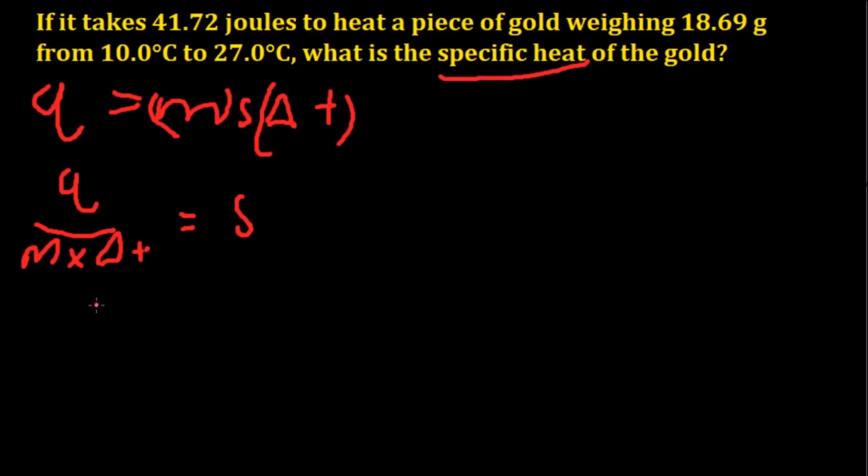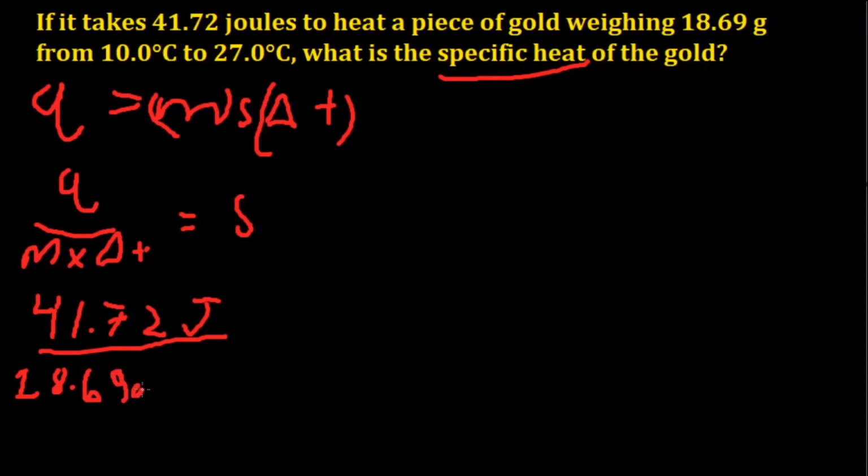So first, to set up this problem, we will put the joules value, 41.72 joules, over the grams value, or mass value, 18.69 grams, and then which is multiplied by delta T, which delta T equals temperature final minus temperature initial.